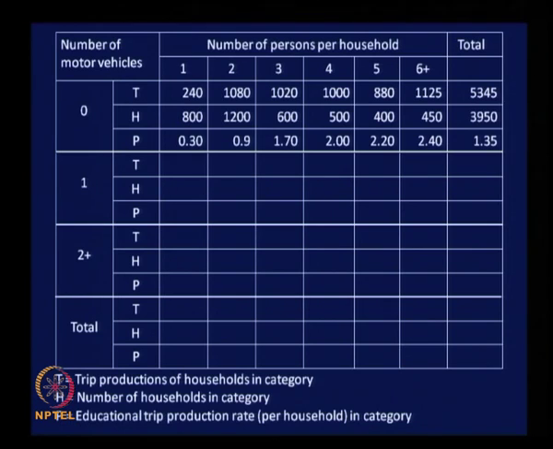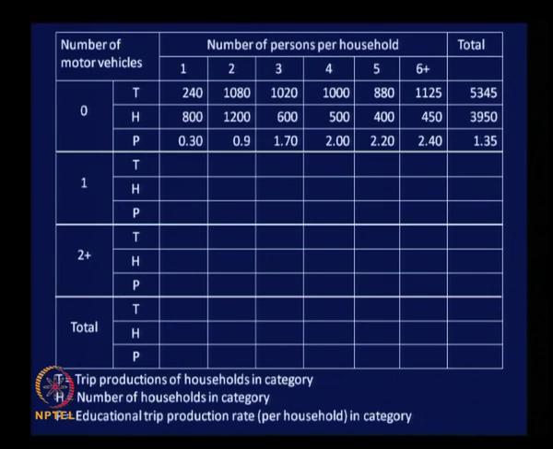If we look for the trip rate for households of 6 plus size with no vehicle ownership, it is 2.4. Of course, the average of the total comes to 1.35. If you put all the household categories together, taking vehicle ownership as the basis for all categories of households owning 0 vehicle, the trip rate for this particular purpose is 1.35.